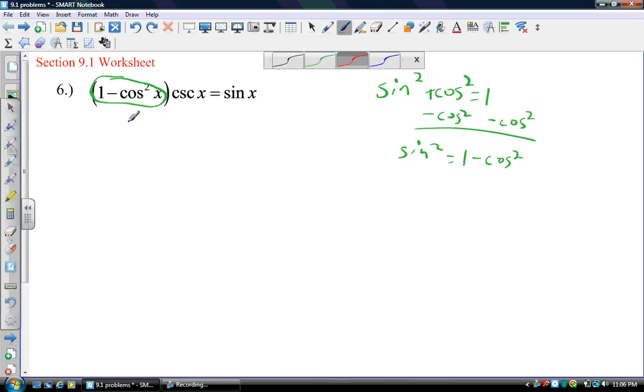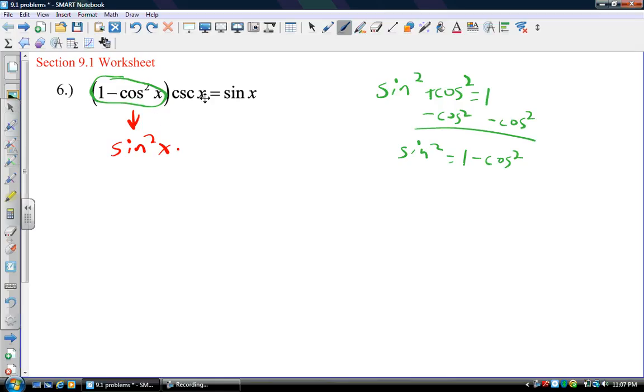So this whole thing actually just becomes sine squared of x. Remember, I sometimes just forget to write that x, so don't think that it's something magical, something new. It's just Mr. G forgets sometimes. So I converted that into sine squared.